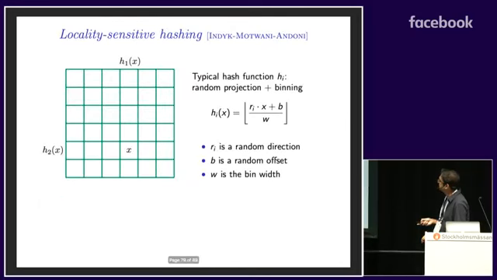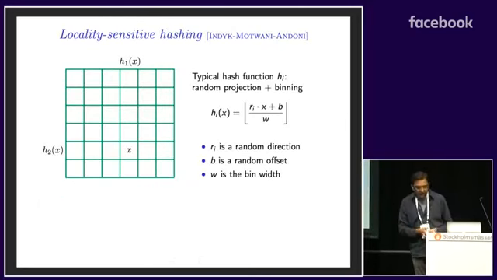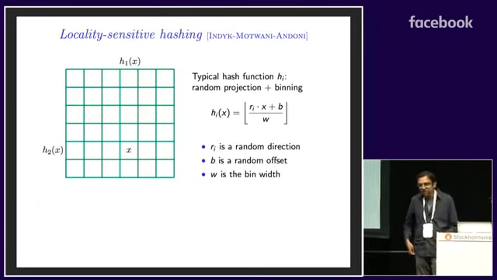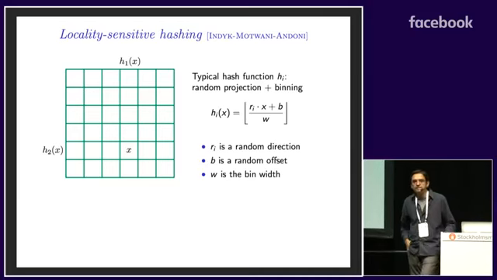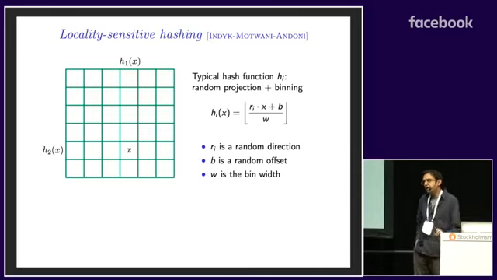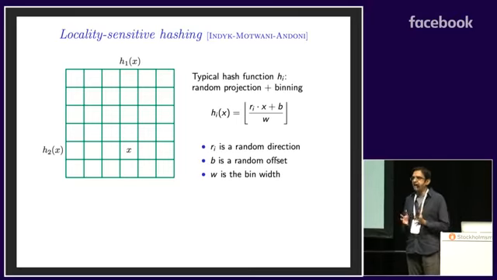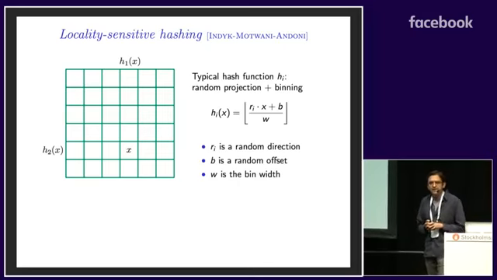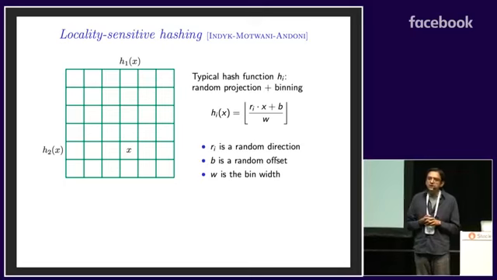So now, we've talked a little bit about methods for doing nearest neighbor search where you are trying to just be exponential in the intrinsic dimension. What about methods where you don't?